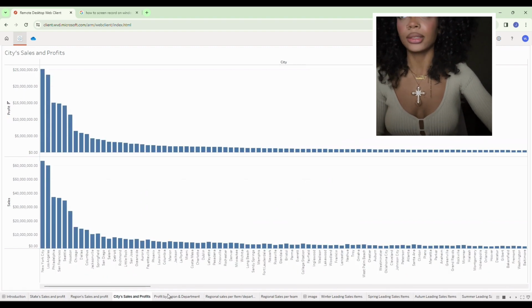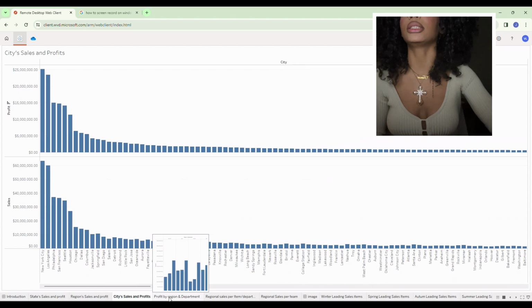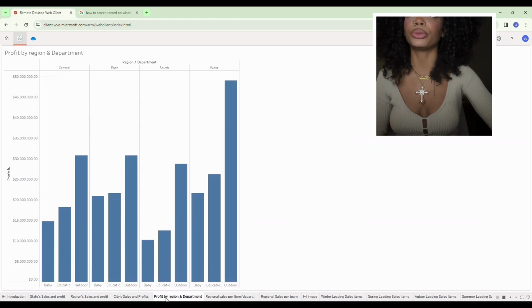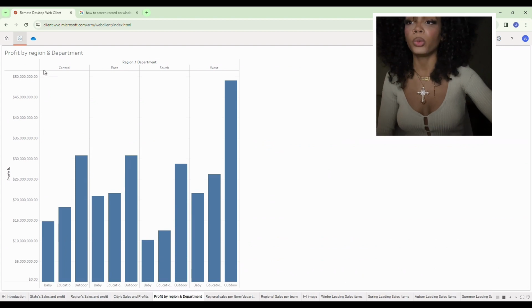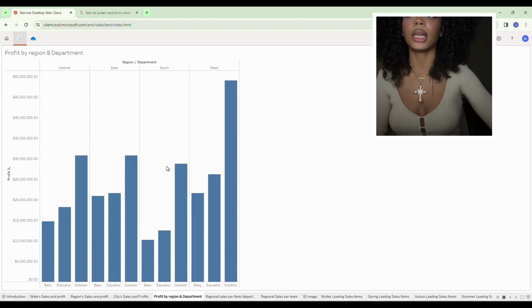The next worksheet is profit by region and department. This is very helpful because it divides the graph into the different regions. So as you can see, you have each quadrant: central, east, southwest, and with this we were able to see how well each department performed in the region.